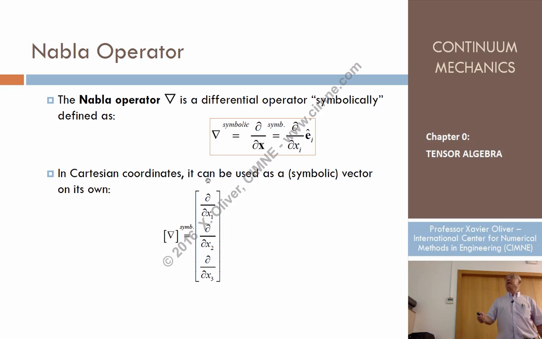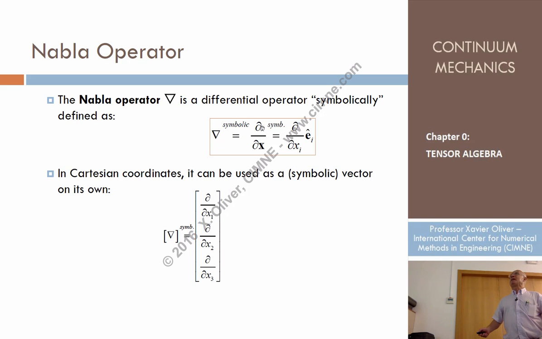So symbolically, this nabla can be represented using Einstein notation as the component i times the base ei. That doesn't mean that we are taking the derivative of ei. It means that this is a symbolic vector whose component 1, the one that multiplies e1, is the derivative with respect to x1, component 2 is the derivative with respect to x2, component 3 is the derivative with respect to x3.